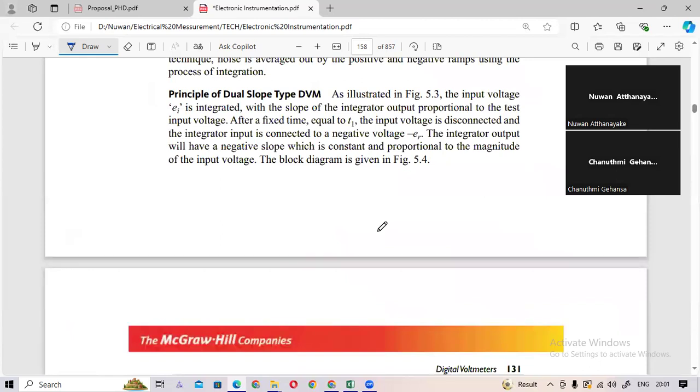For example, if I ask you like this, for a specific ramp type signal, the ramp signal is generated as v equals minus 3t plus 12, this decreasing one, and this one is v equals 4t minus 5.